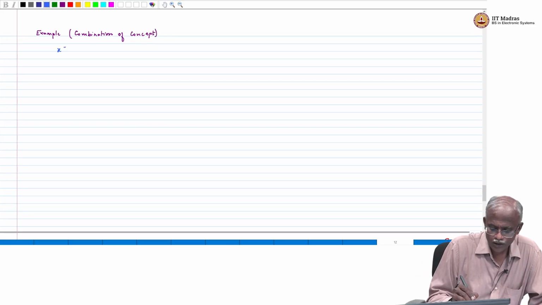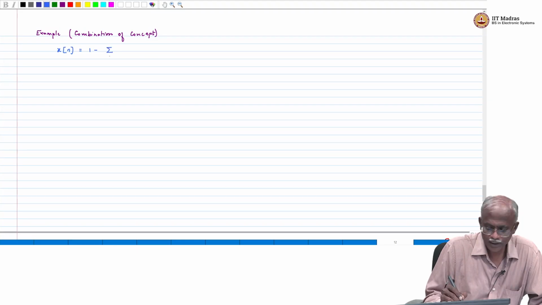Okay, x of n is equal to 1 minus summation k equal to 3 to infinity delta of n minus 1 minus k.